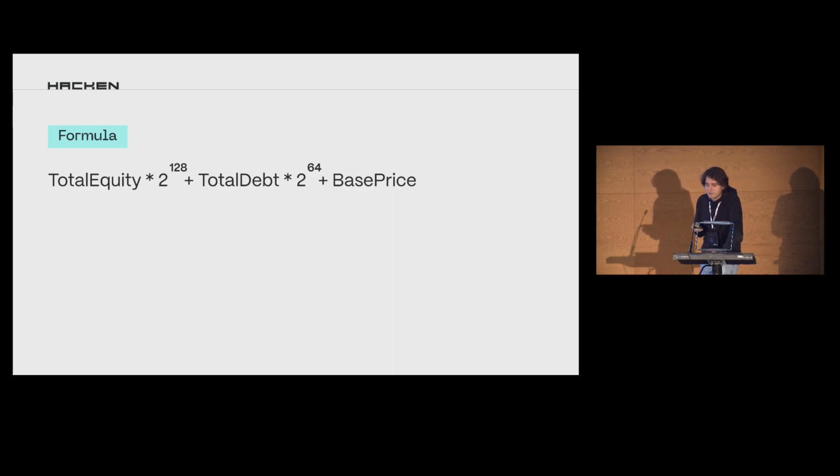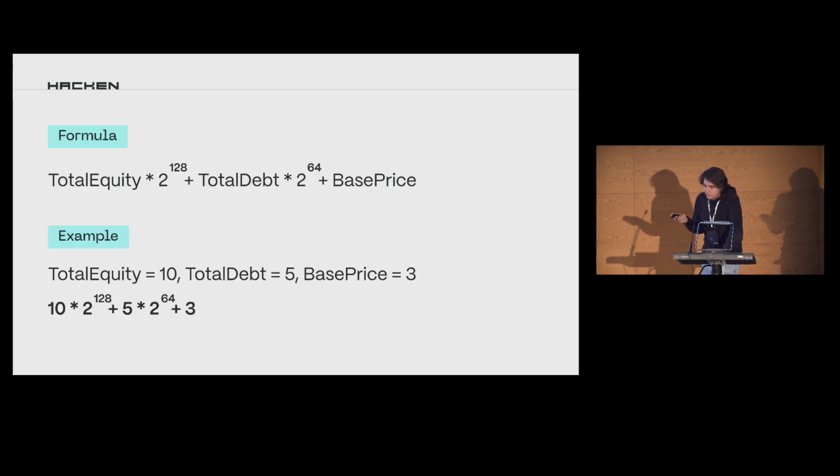Instead of three numbers, they decided to use just one big number. So they actually did bit shifting. They created one huge number using total equity, total debt, and the base price. Whenever they have those values, they calculate this huge number, calculate the Poseidon hash from it, and move it from one batch to another.